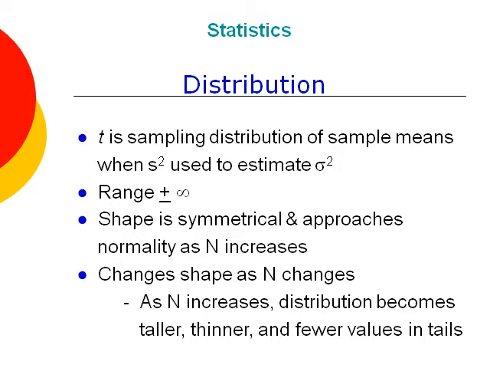If you look at that drawing on page 158, you will notice that at lower sample size, or degrees of freedom, the kurtosis is lower, the shape is flatter, and there are more values in the tails. But when there are higher degrees of freedom, the distribution is taller, thinner, and with fewer values in the tails.